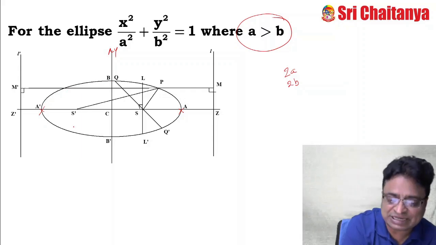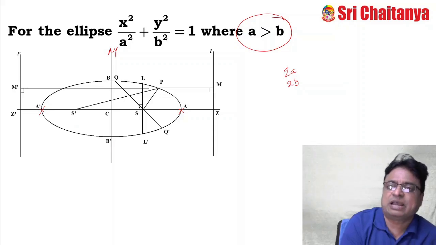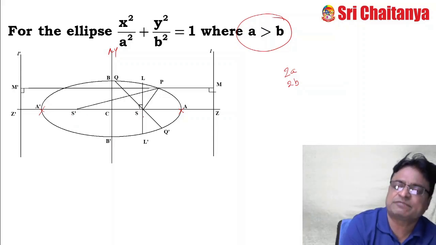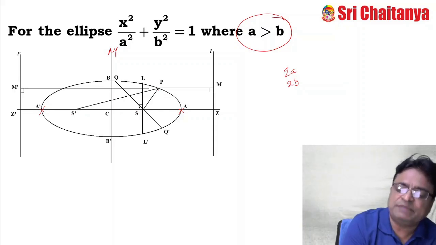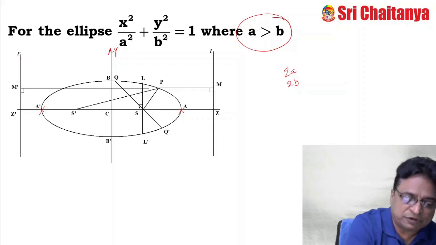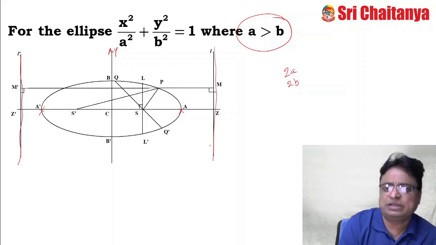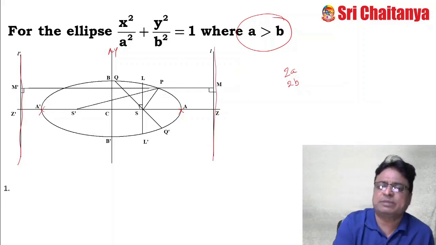So this is stretched along the x-axis as shown in the diagram. And of course, my friends, here S and S dash are the foci. P is any variable point, not a fixed point. And of course, this is a directrix, and this is also a directrix. I will explain each and every term, but see the points one by one.